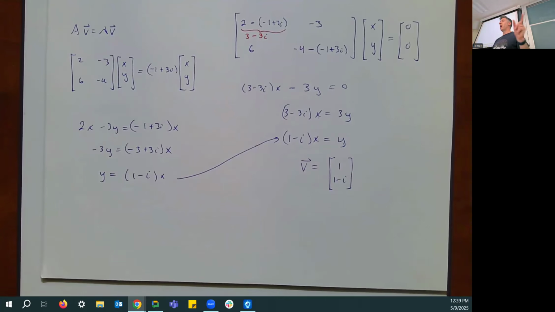Either way works. I will point out I'm kind of cherry picking my examples, right? I'm trying to show you nice examples so they're not terrible. But a lot of the times your eigenvalues are going to be much worse. Like it might end up being 3 plus or minus the square root of negative 37 all divided by 2. And then your eigenvalue is terrible. It's 3 plus i root 37 divided by 2.